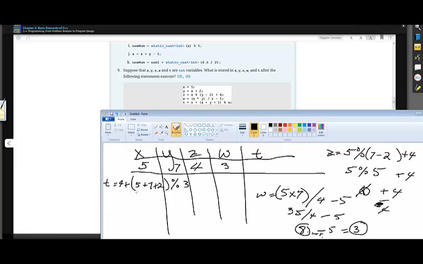Do whatever's inside the parentheses first. 5 plus 7 is 12 plus 2 is 14. And all that needs to still be there. Right? What happens first? This happens first. So it's 14 mod 3. The remainder is 2. 4 plus 2, right? That will equal 6. Okay? So T is 6. So this is what you have across the board with this thing. Okay? That's number 9. Cool?